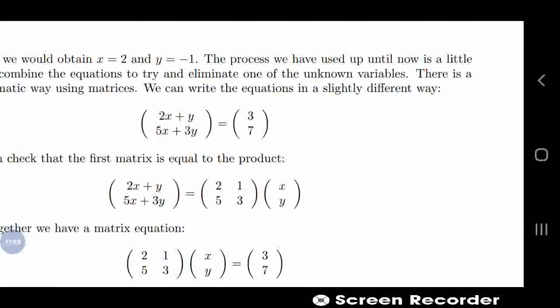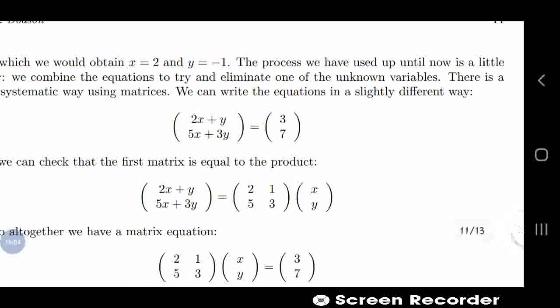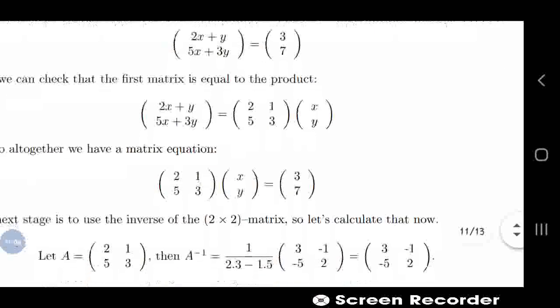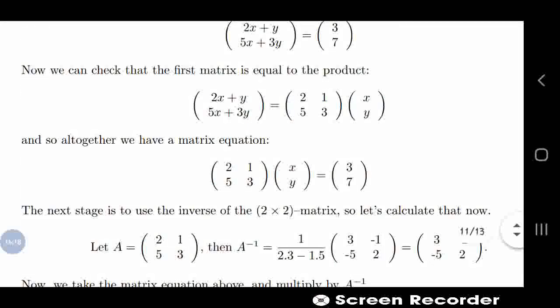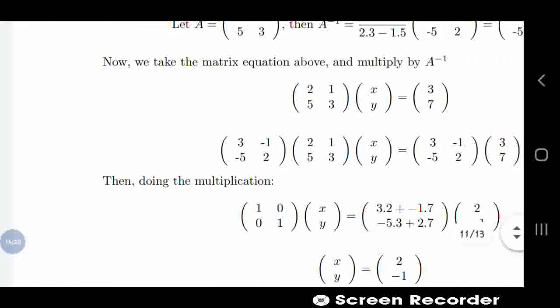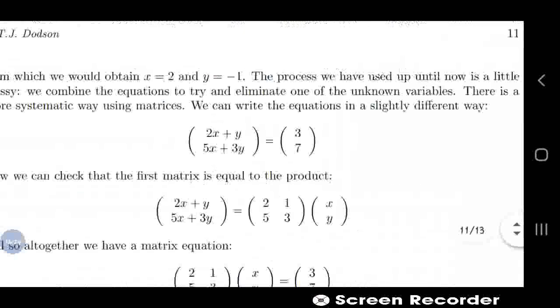Then we have to keep it. Then what we have to do, we have to take the products of them. So 2 comma 1, 5 comma 3, x comma y, so these are the product. Next we have to multiply it and add it. So next you have to add it.